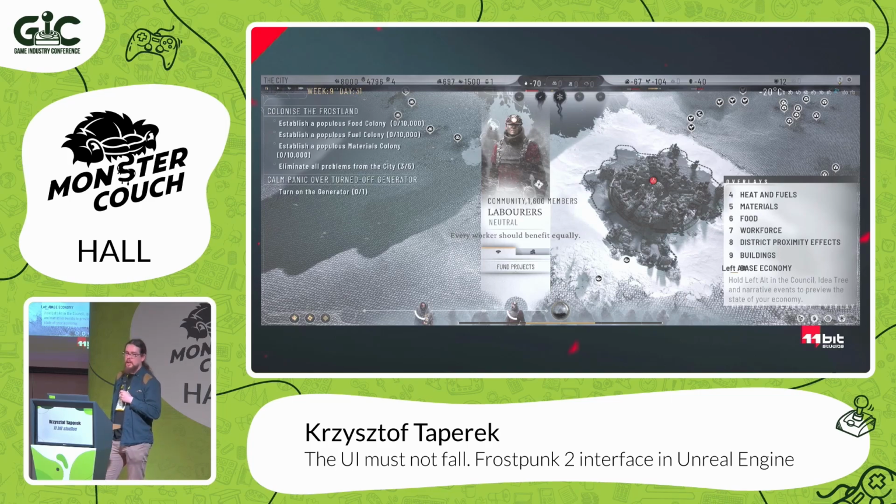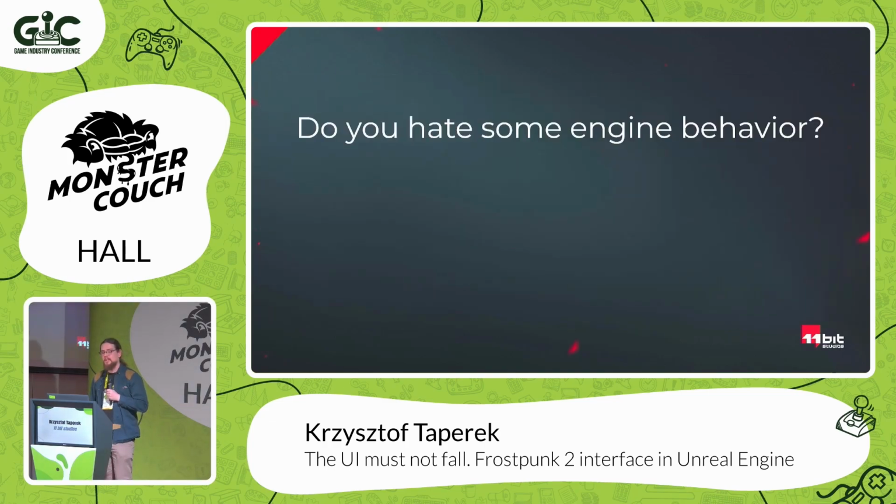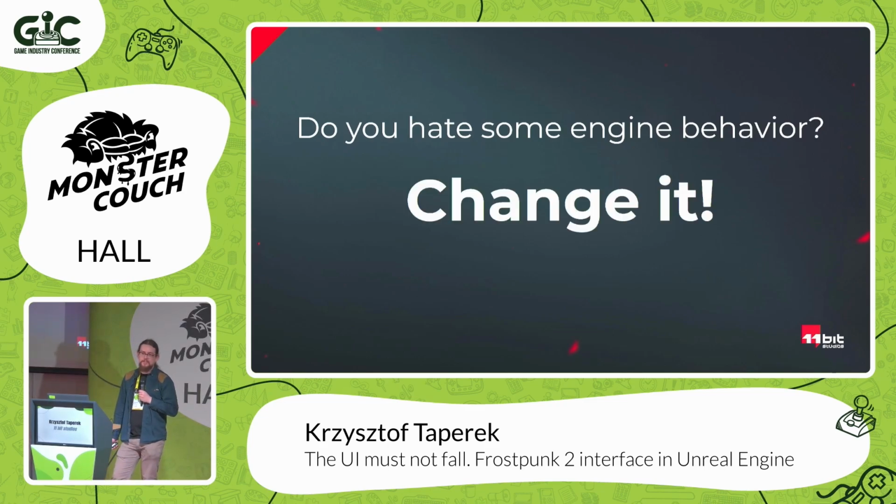Okay, so we implemented a few custom solutions, but that was only using the new stuff, not editing the engine. And what to do when you hate some engine behavior? I know it's easier said than done, but just change it.